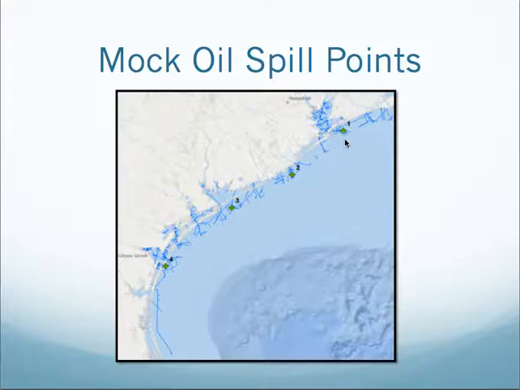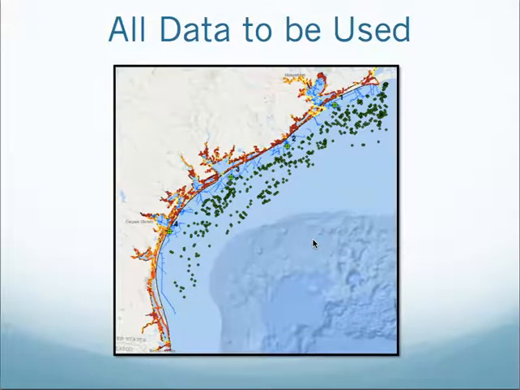So these are 4 mock oil spill points that I'm going to be using to simulate the oil spill. This is a combination of all the data I'll be using.